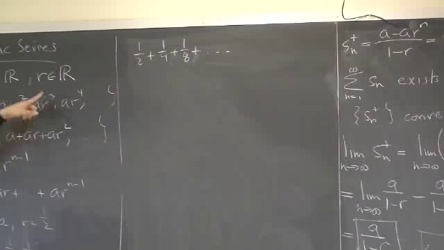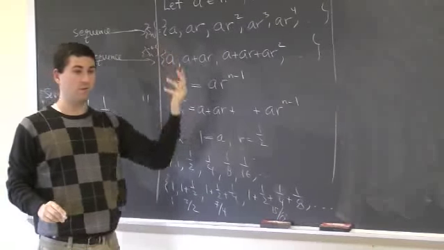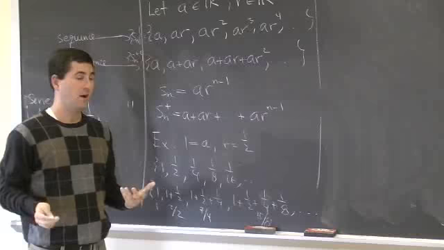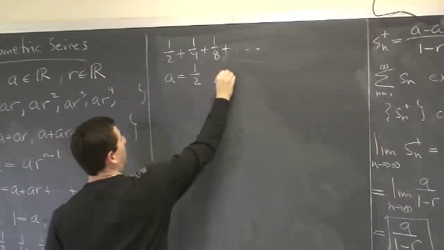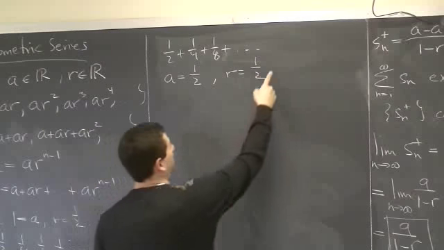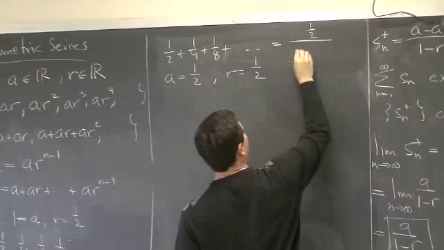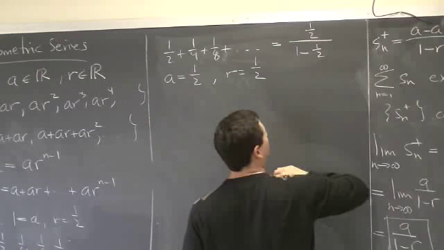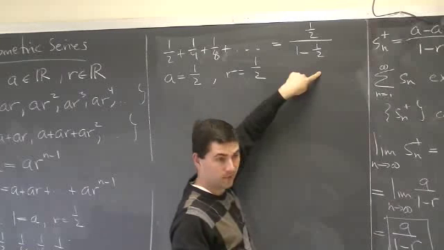One way is to note that if I add 1 to this, then I get exactly this sequence. And we know what that added up to. It added up to 2. So if I get rid of the 1, it should add up to 1. Another way is to say, okay, here my a is a half, and my r is still a half. And so this thing will add up to a, which is a half, divided by 1 minus a half. That's still a half. A half divided by a half is 1.